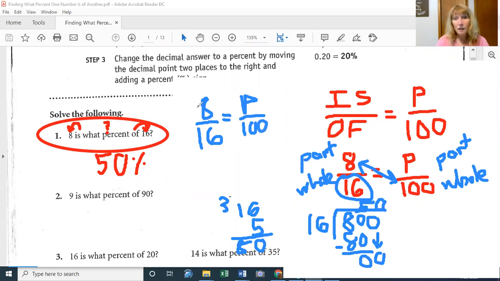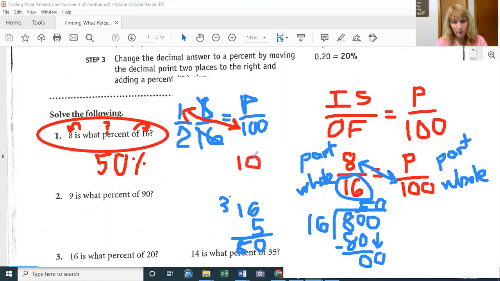So what would 8/16 reduce to? Well, you could put an 8 into both. So 8 divided by 8 is 1. 16 divided by 8 is 2. So 1/2 is the way you could reduce it down. So I'm just going to cross those off. Now we have 1/2. Then you multiply the diagonals: 1 times 100, that's a lot easier, isn't it?